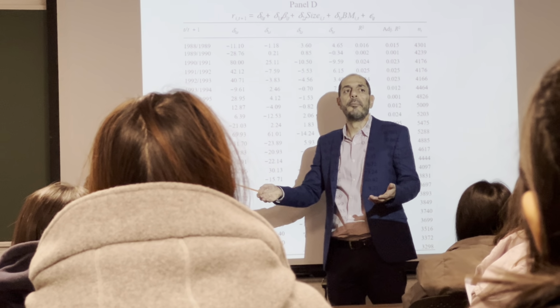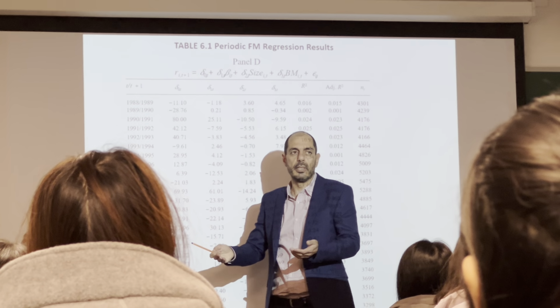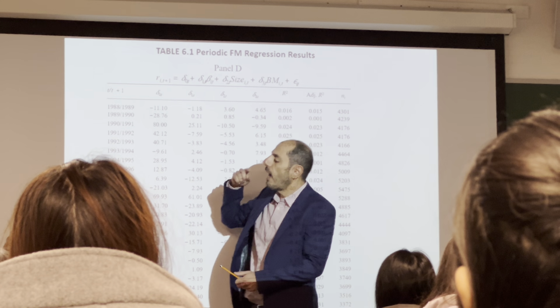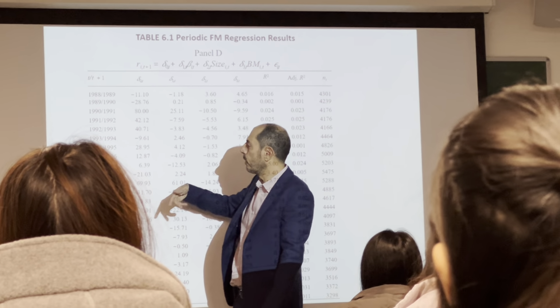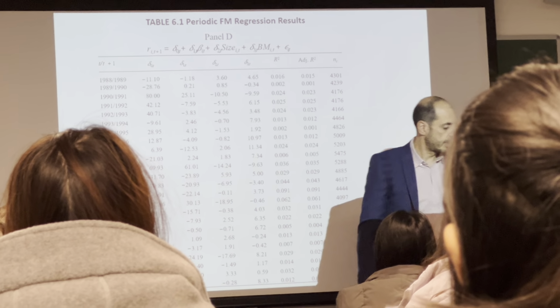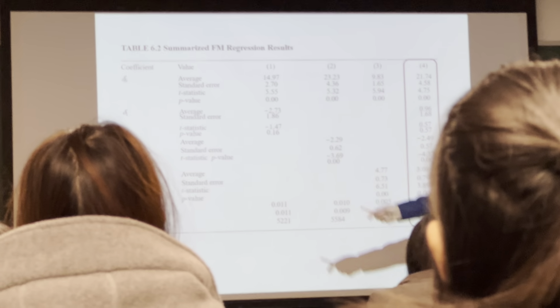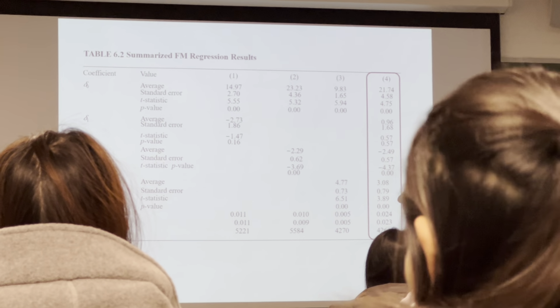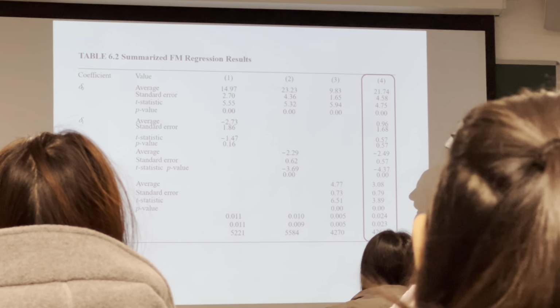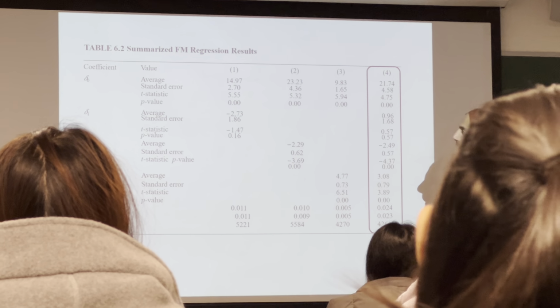We don't keep this information, we don't want it. It's not the average time series we report. The t-statistic we report here is found from the standard error of the average.